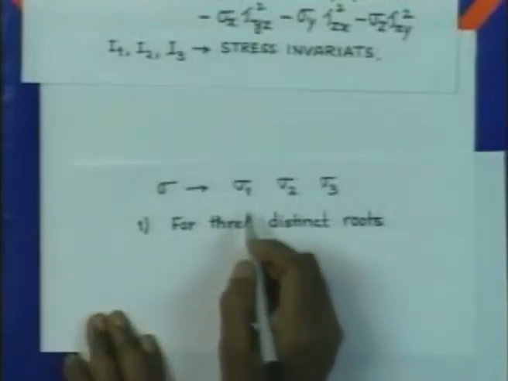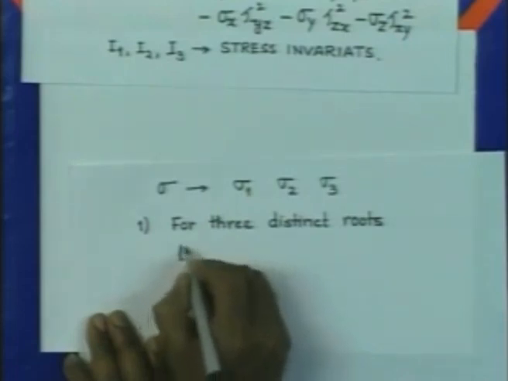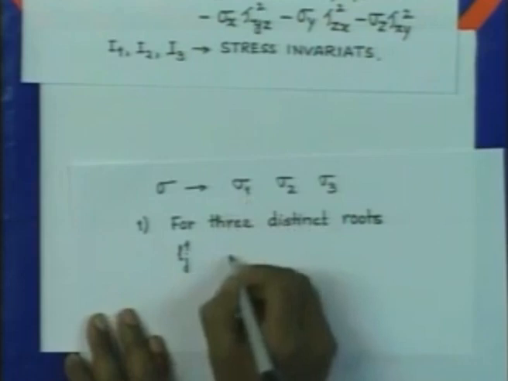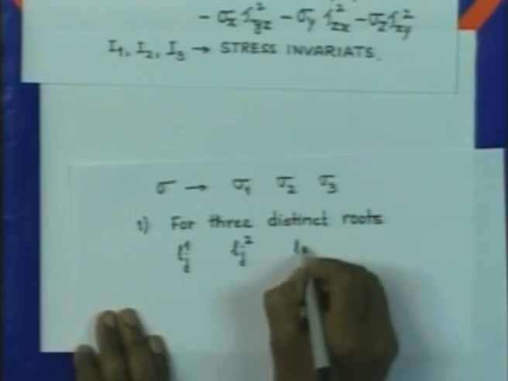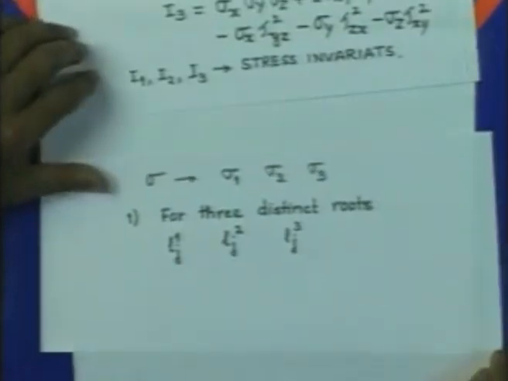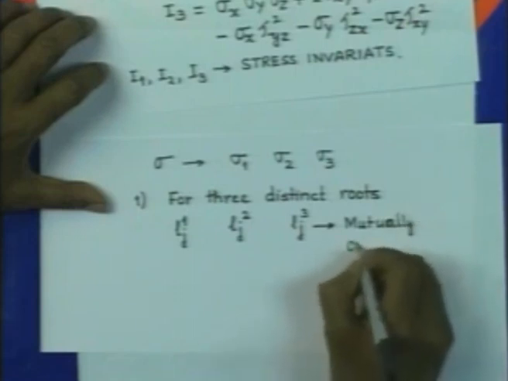So, if we consider the directions of the 3 stresses as Lj1 for the sigma 1 stress, Lj2 for the sigma 2 stress and Lj3 for the sigma 3 stress, then these 3 directions are going to be mutually perpendicular. So, these are 3 mutually orthogonal directions.